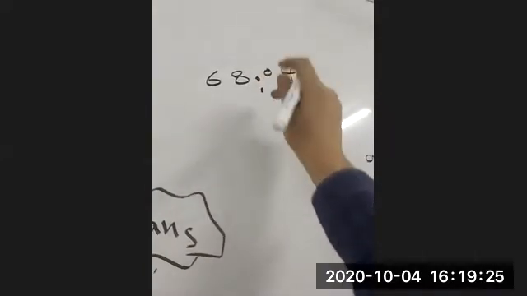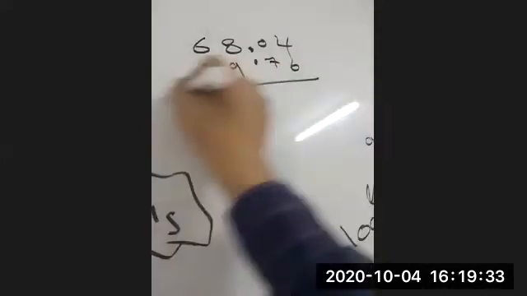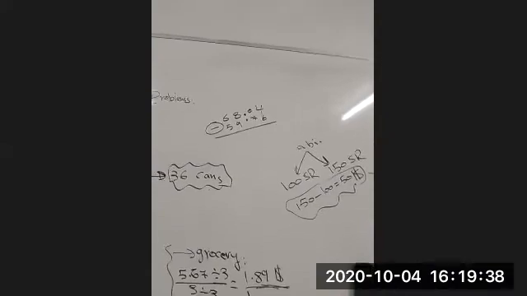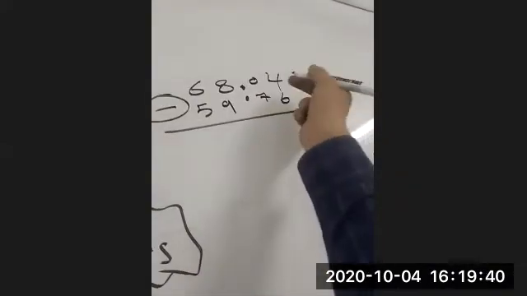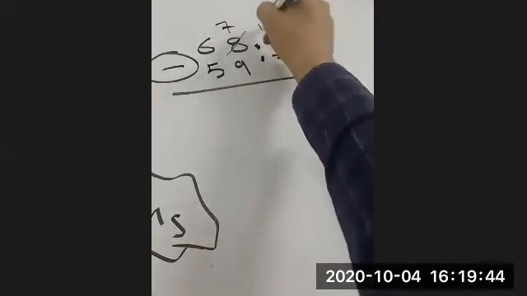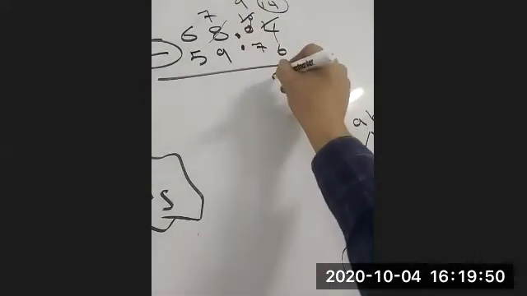Put the decimal over decimal, then align the two numbers. Here we have 59.76. This is 59 and this is 76, and let's subtract to know the difference between the two prices. 4 minus 6, it cannot, take from 0, go to 8. This is 7, this is 10, this is 9, this is 14. 14 minus 6, 8. 9 minus 7, 2.